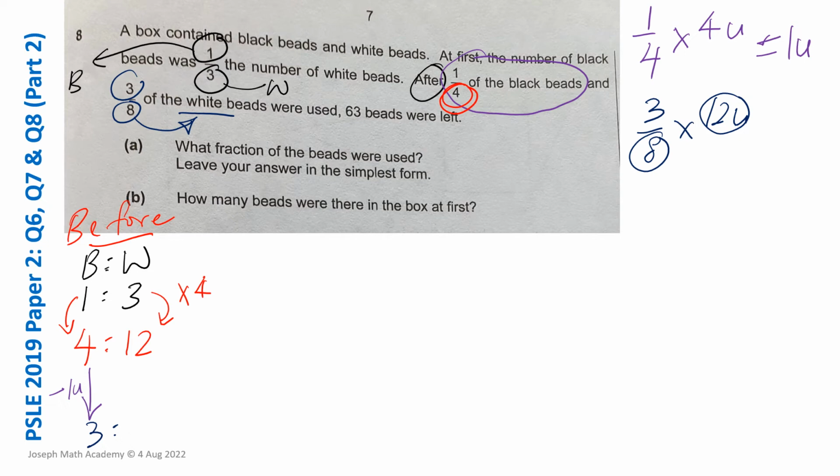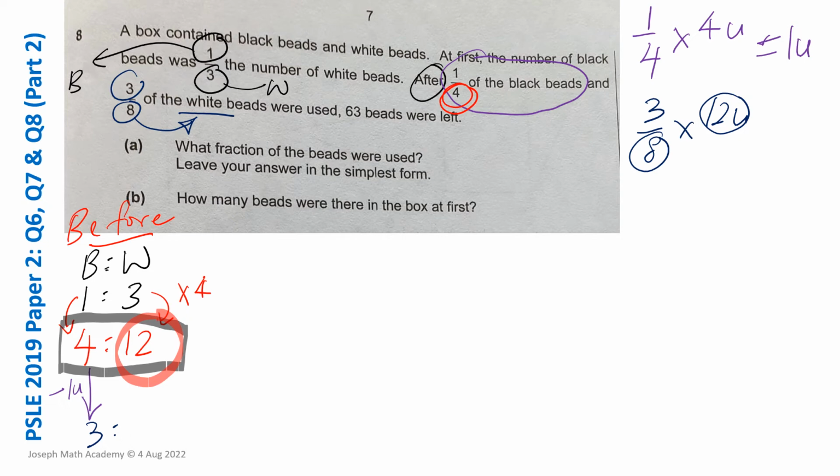So because of this reason, the 4:12, this ratio here, has to be another equivalent. What should the equivalent be? It should be in such a way that this 12 can be divided by 8. Alright?